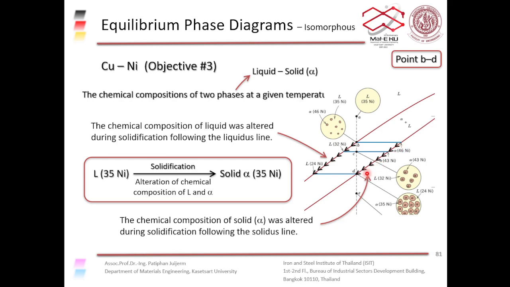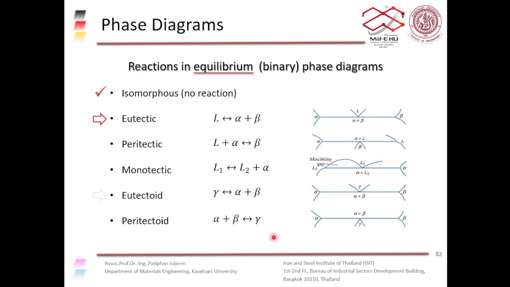So for an isomorphous phase diagram, maybe that doesn't mean much, but when we are looking at the eutectic phase diagram and eutectoid phase diagram, that will mean a lot more, right? What happens when the temperature drops and the composition changes? That will mean a lot more, and that is the topic that we are going to cover next week.